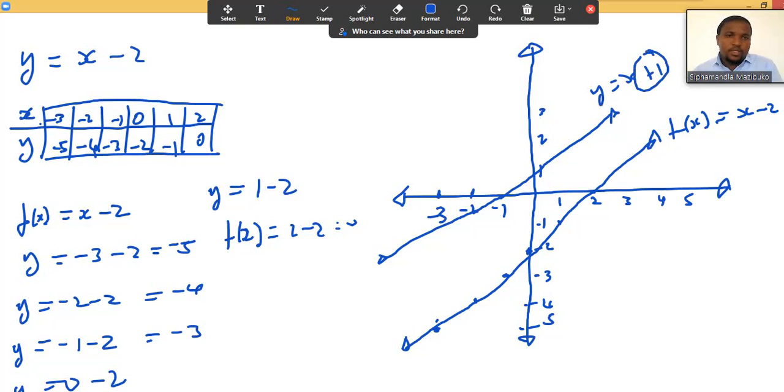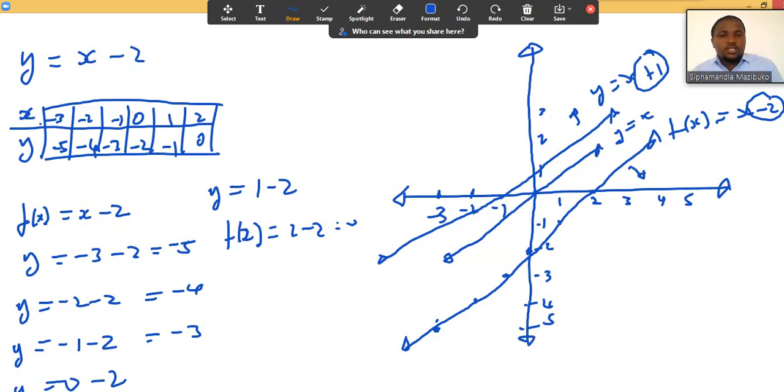The graph was shifting upward, because we're coming from the original graph, which is y is equal to x. So you see now, because c is negative here, it's negative 2. If c is negative, the graph is shifting downward. You can see that the graph is shifting downward. So that is what is happening.